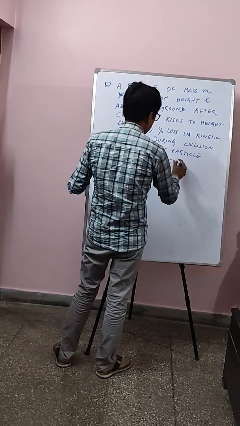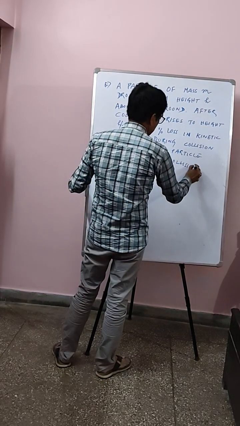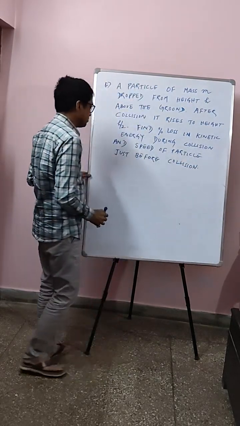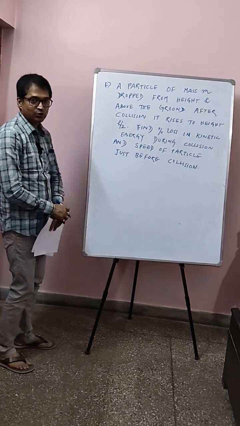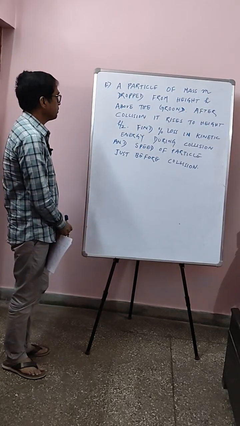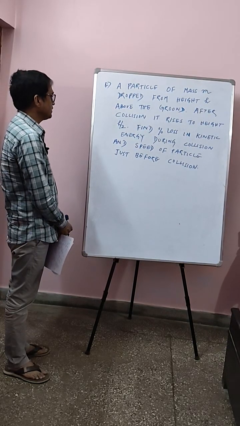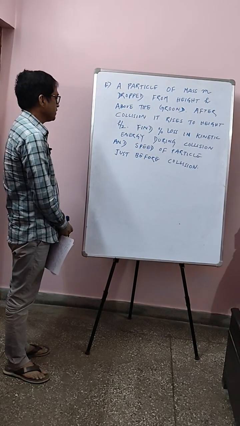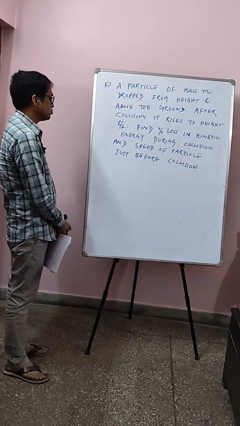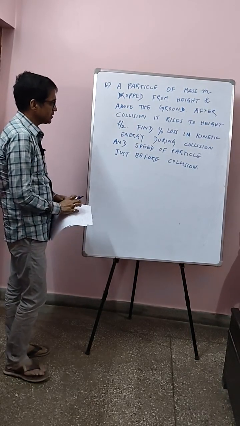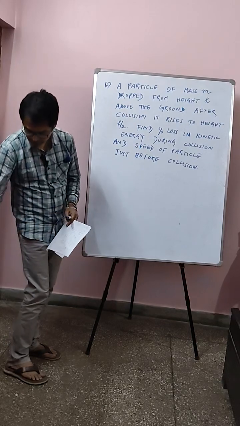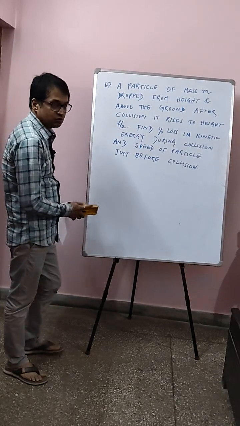What is the speed of the particle just before collision? So a particle of mass m is dropped from height h above the ground. After collision, it rises to height h upon 2, and we find the percentage loss in kinetic energy during collision and the speed of the particle just before collision. So this is the question.